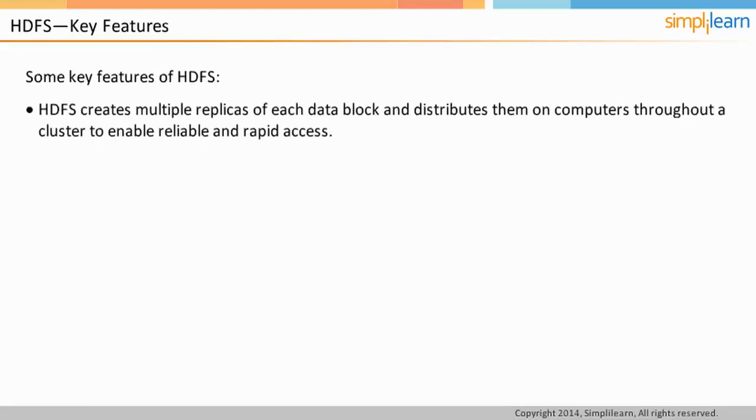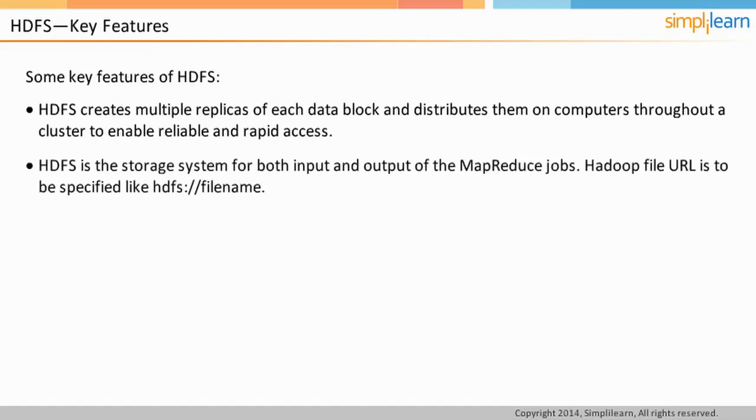The key features of HDFS are as follows. HDFS creates multiple replicas of each data block and distributes them on computers throughout a cluster to enable reliable and rapid access of data. HDFS is the storage system for both the input and output of MapReduce jobs.